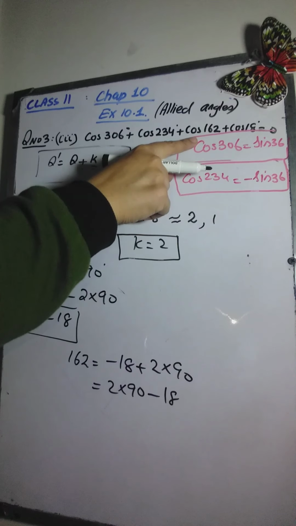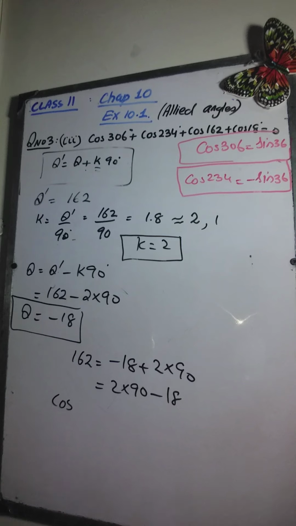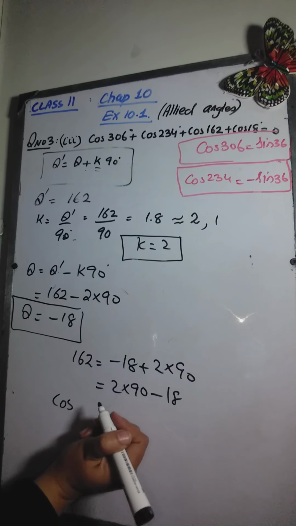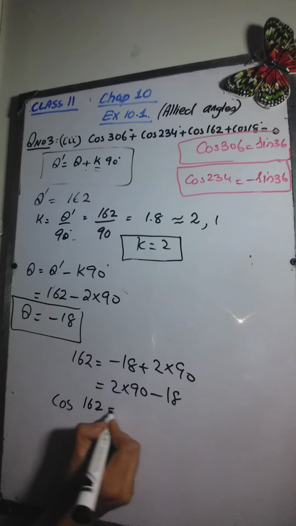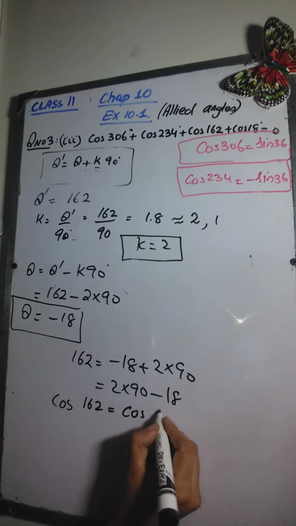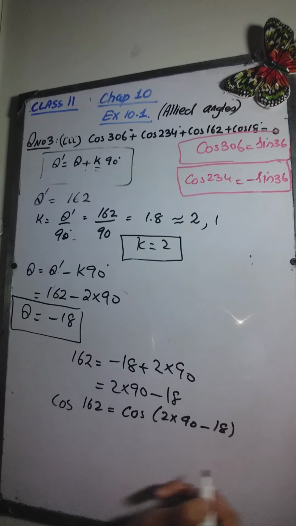Now we have to find the cos of 162. So writing cos of 162 is equal to cos of 2 times 90 minus 18.